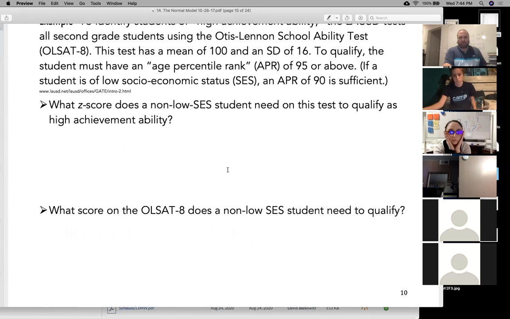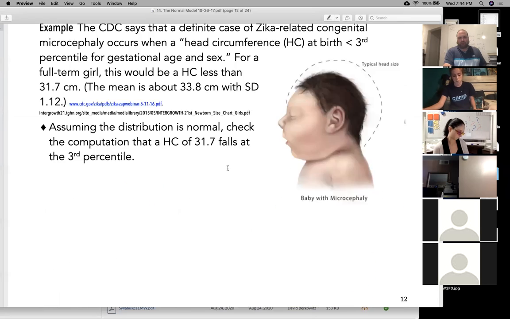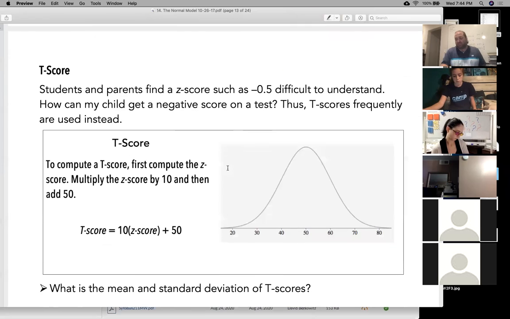Then we did more examples, and then we did the t-score, which again you get from the z-score. So the z-score is the most important. It gets to the t-score, the raw data, and the percentile.